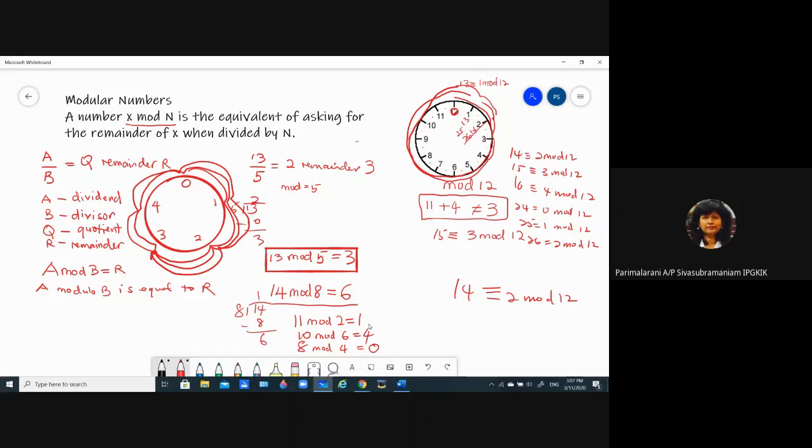We stopped at 3. That's why 13 mod 5 has a remainder of 3. Or 13 can also be written as 3 mod 5. 13 is congruent to 3 mod 5.